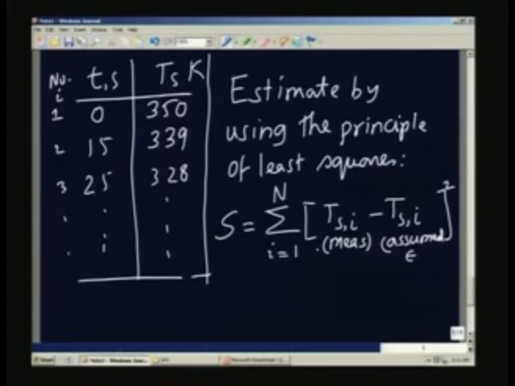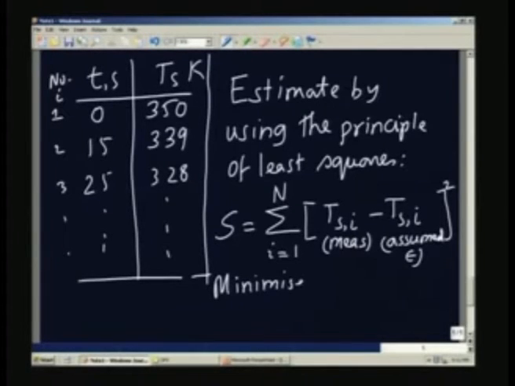I have the measured values here, I will assume a certain epsilon and find out these values for the same t values. Ts i measured corresponds to the measured values at these time values, and Ts i assumed, with the assumed epsilon, I am going to calculate. I require that this sum of squares must be the smallest. So, minimize S.